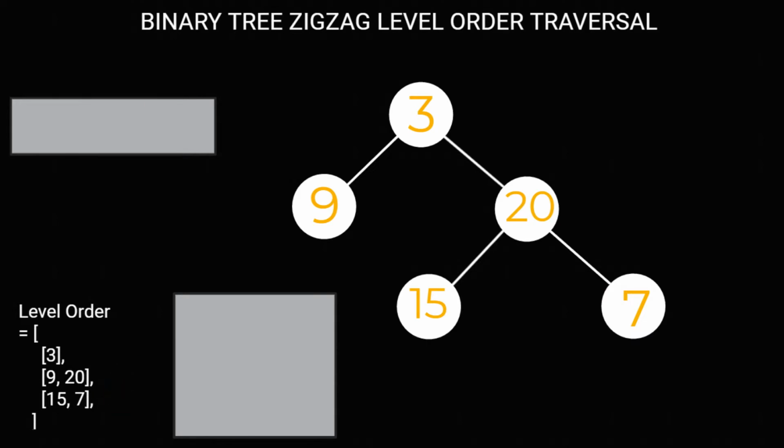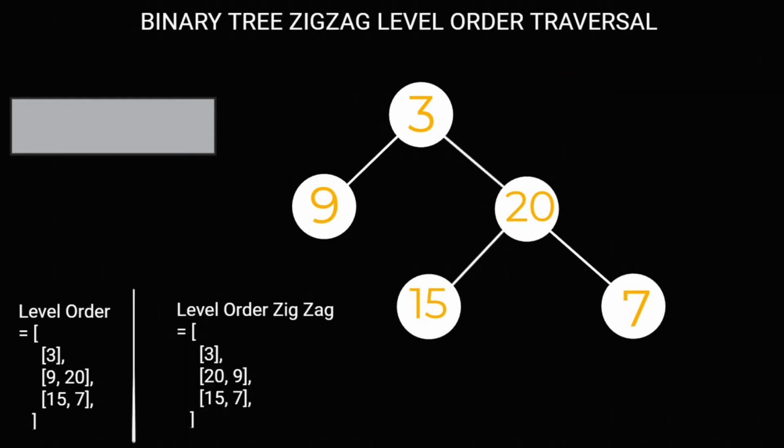So now that we have this, it's easier to make a zigzag using the array list data structure than using the binary tree data structure. So this is going to be the final answer. And how we get to this answer is that we alternate the order of the levels while traversing this array list. When we get to the first level, we know that the order is from left to right, so we add the order from left to right.